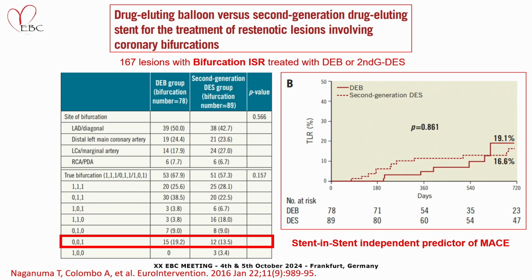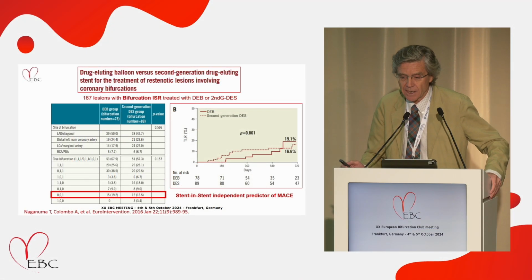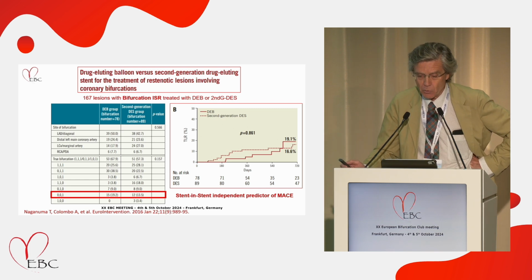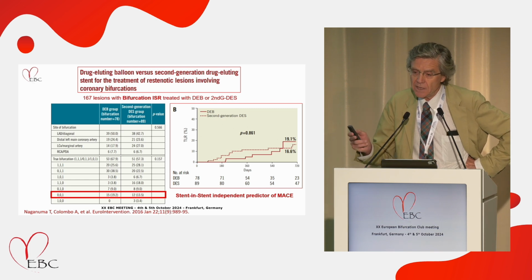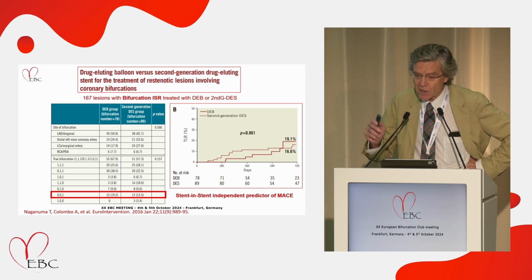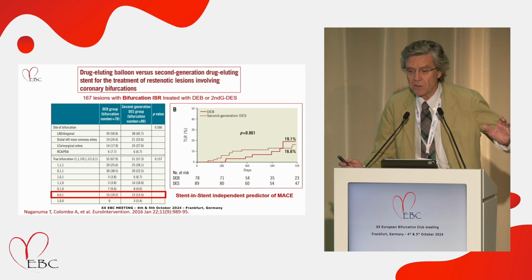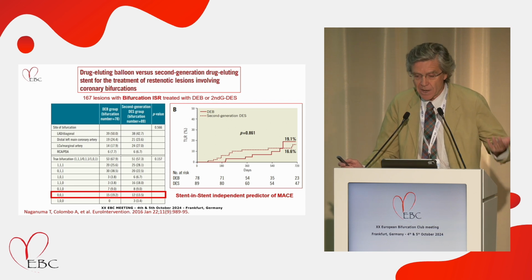So regarding the question of ISR after the therapy of a bifurcation with a stent, this is a classical study by the group of Antonio Colombo, and you may see here they compare drug-coated balloons versus second-generation drug-eluting stents for the treatment of restenotic lesions involving coronary bifurcation.